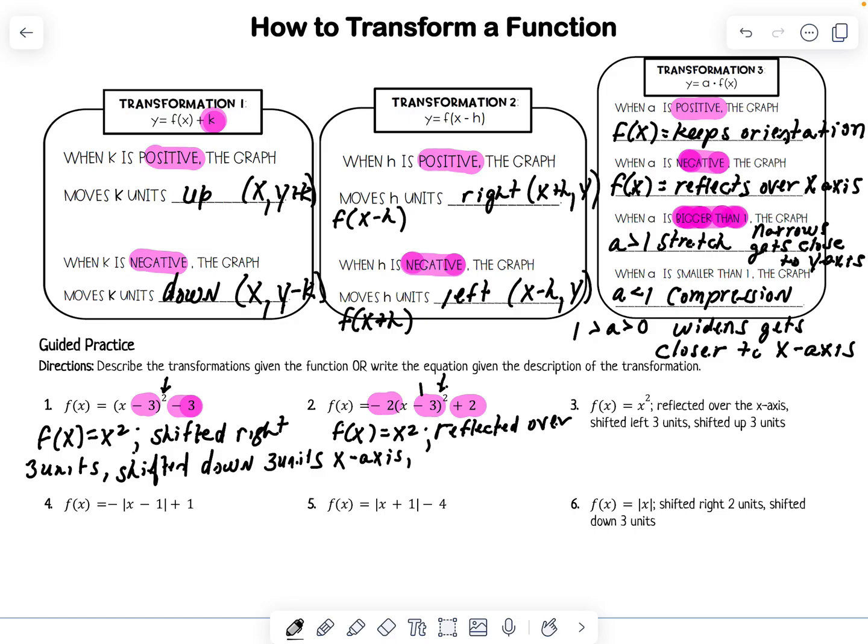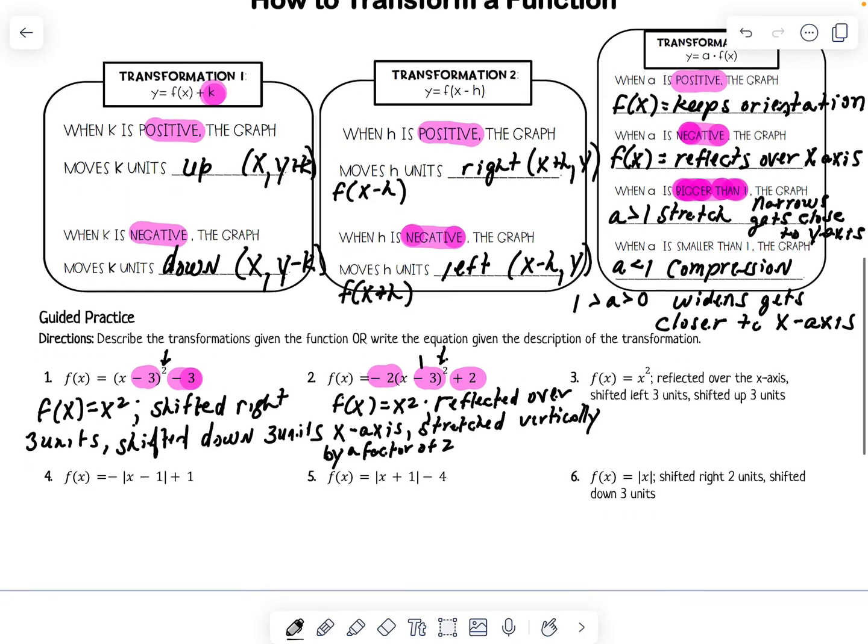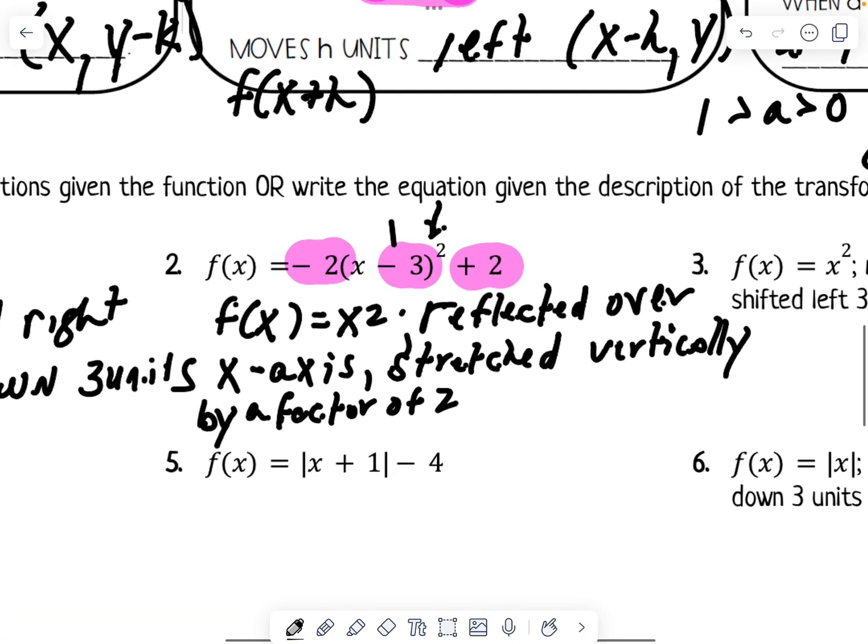So I know it's stretched vertically by factor of 2. I can stretch this out a little bit. Okay. So now I've handled my A because it was negative and it was the 2.